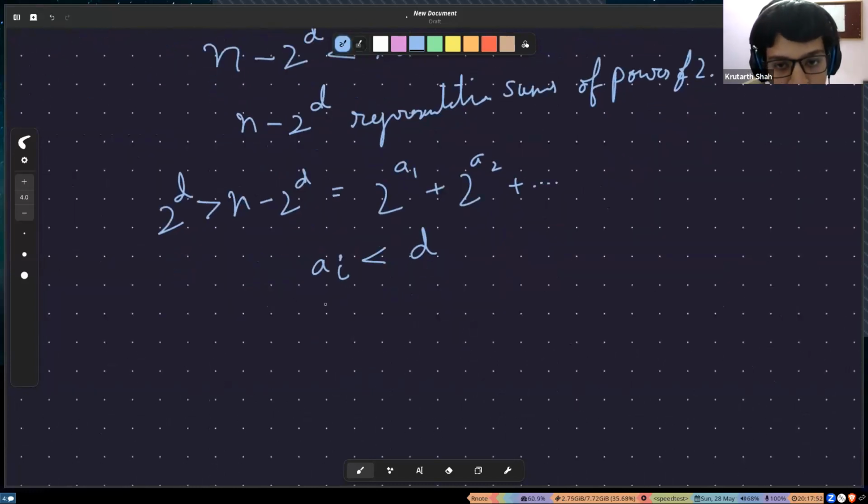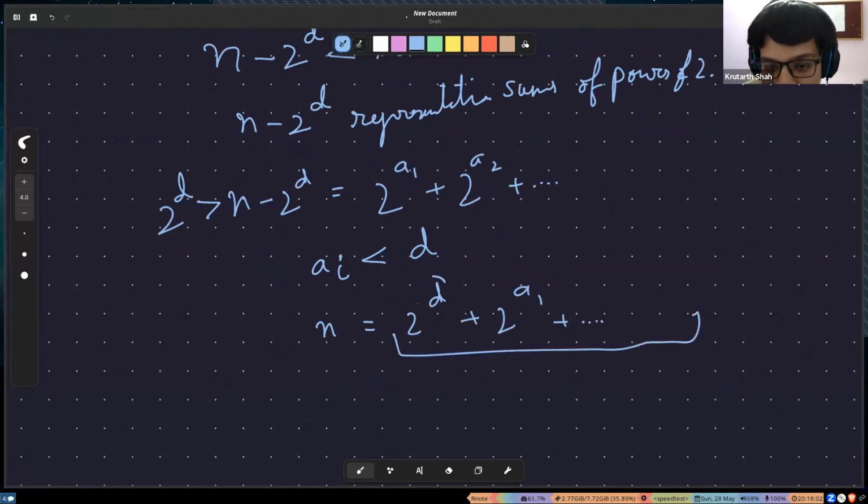So since you have this, what I can do is just add 2 to the d here. And this is a valid representation because d doesn't interfere with anything else, so there's no carryover or anything. Because each ai is strictly less than d, nothing adds up, and so n is a sum of some powers of 2.